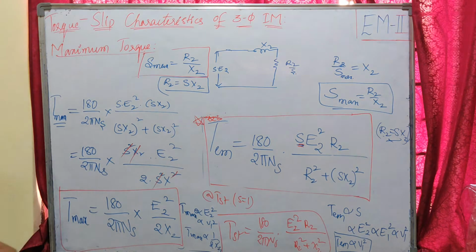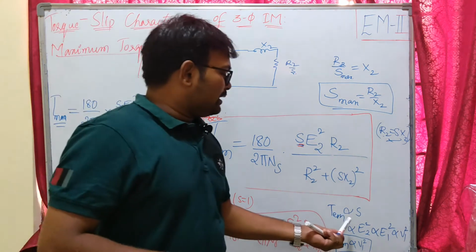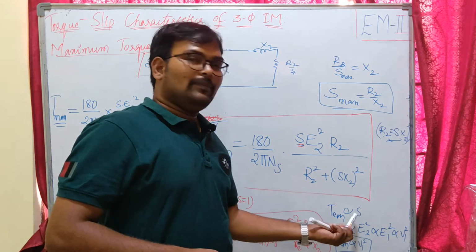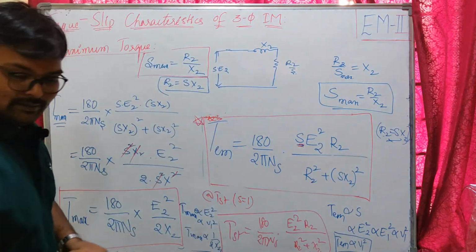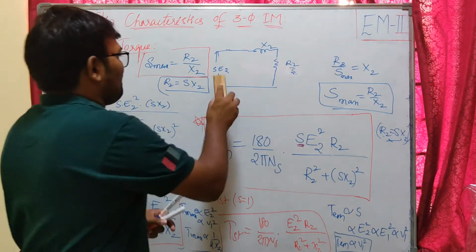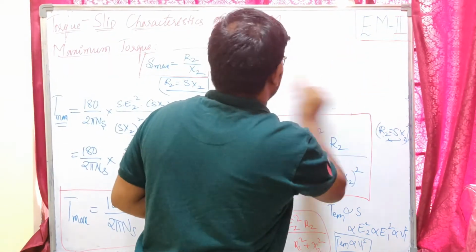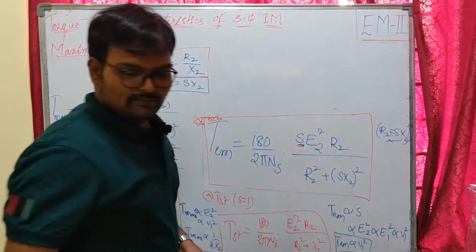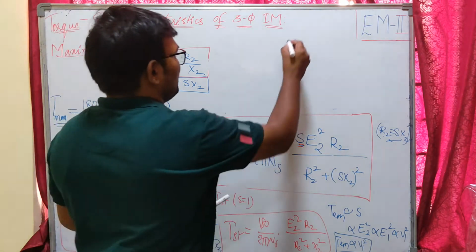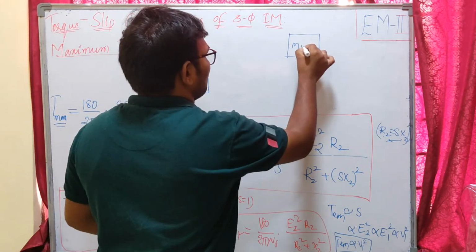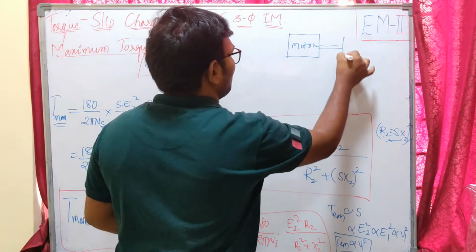Here our electromagnetic torque is directly proportional to our slip. Let me consider our motor. This is my motor. I connected this motor to a load.